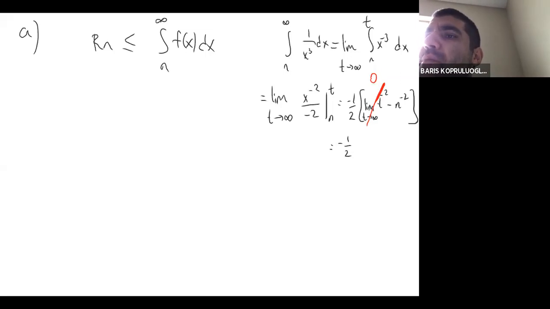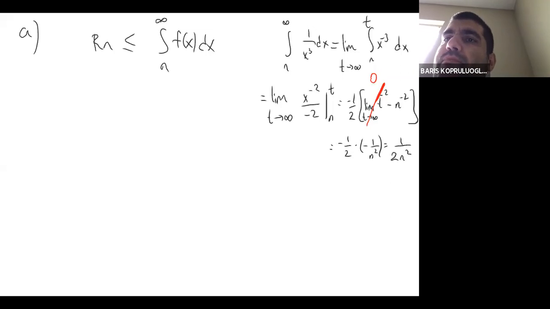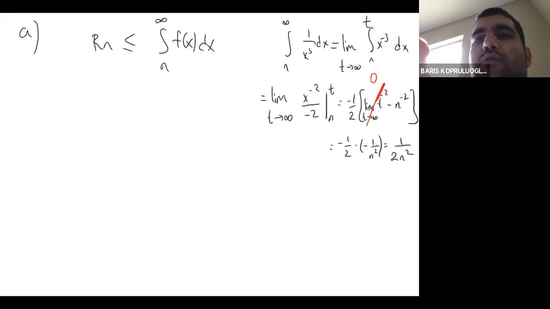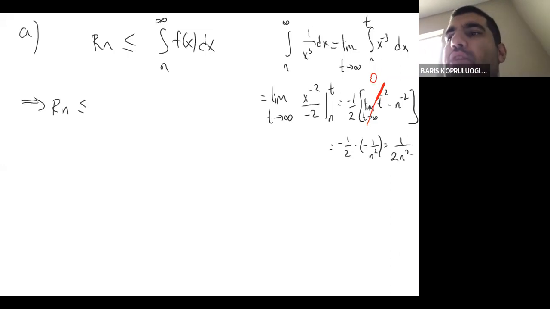So then you'll pretty much have -1/2 times -1/n squared. Long story short, 1/2n squared. So it turns out Rn is less than or equal to 1/2n squared.